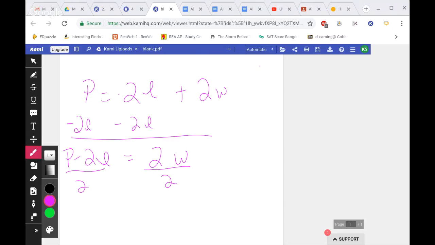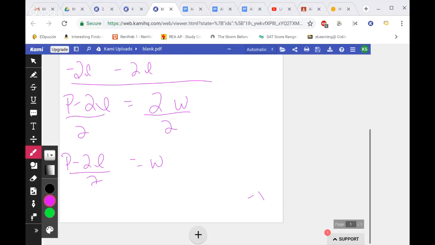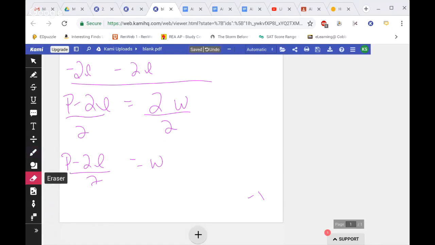So that would leave us P minus 2L over 2 equals W. Then what you're supposed to do is plug in the values. You're supposed to use the rewritten formula to find the width of the rectangle.